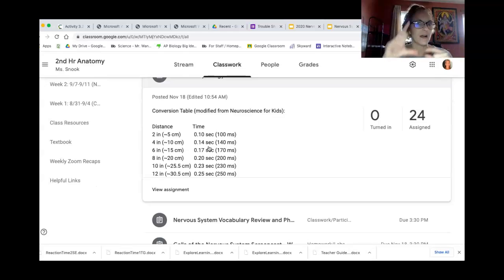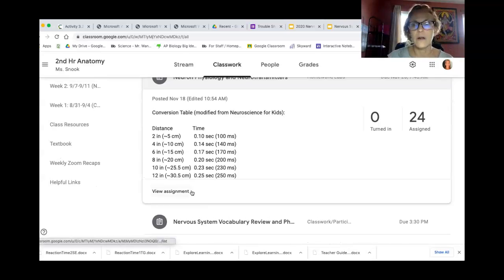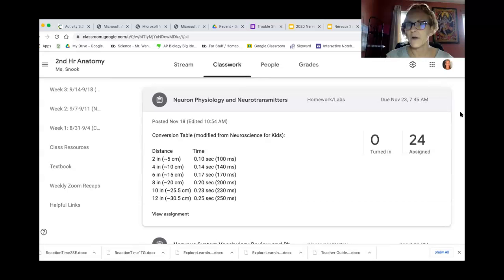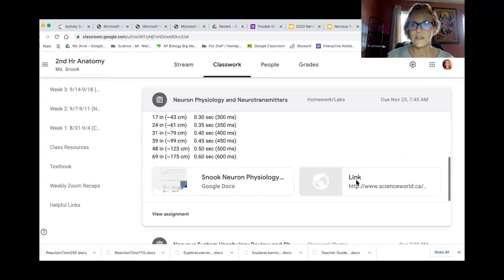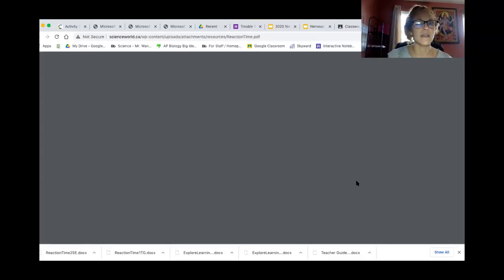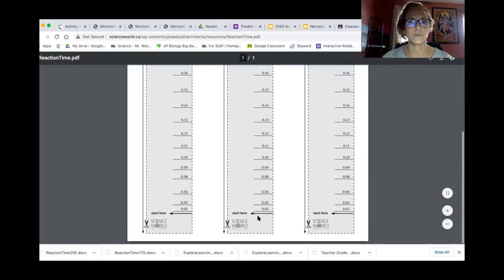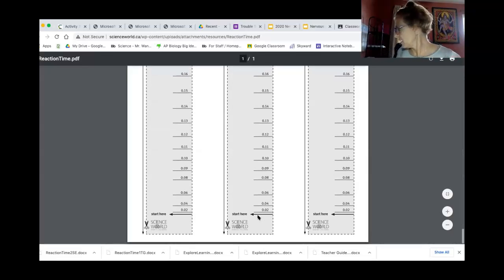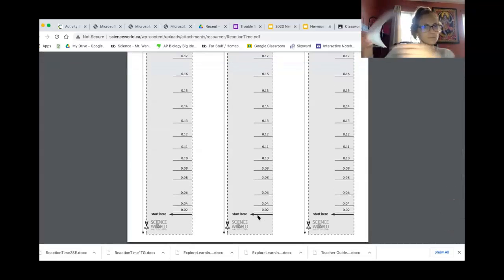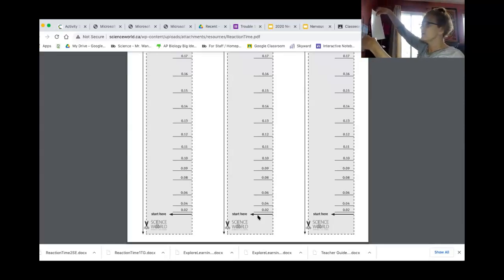So you're going to make a card with these divisions, or the other option, if you can print something, click this link, and then you will have time cards already printed, and you can just print that out. So then you're going to hold that. You need a friend for this, or a family member. You'll hold your fingers just at the end here, and then your friend will drop it, and then you catch it.